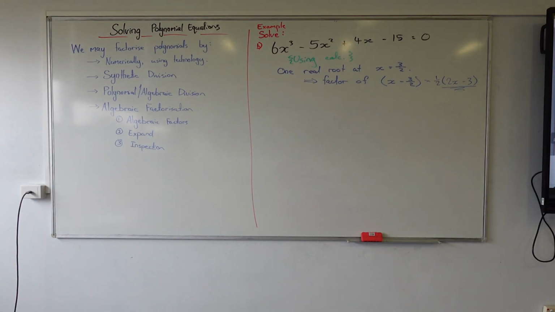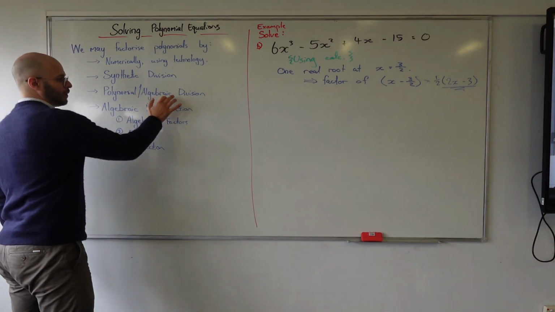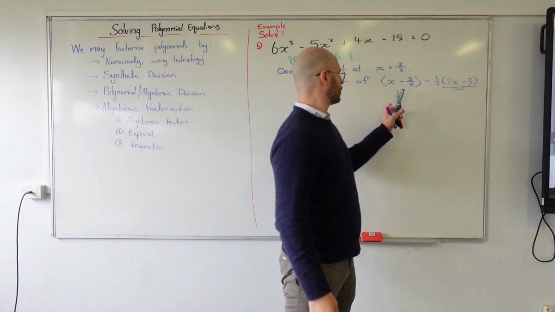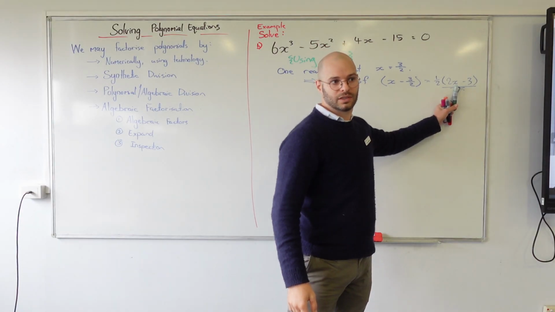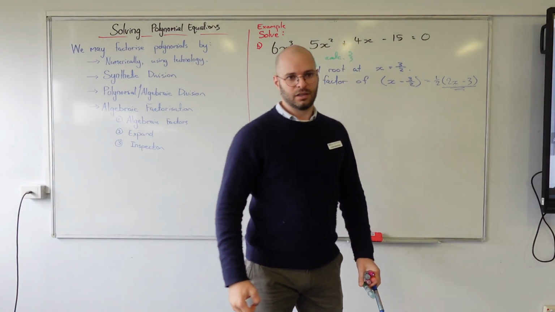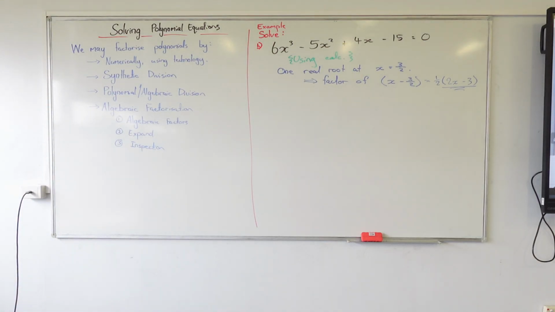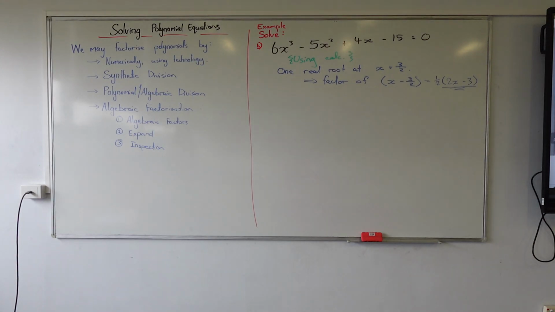No. Next fastest way is we can use polynomial or algebraic division. This one's preferred. So which way do you want to go? Synthetic or algebraic division? Algebraic. Good answer. If you said synthetic, I'd say you can do that. Tell me how you go.